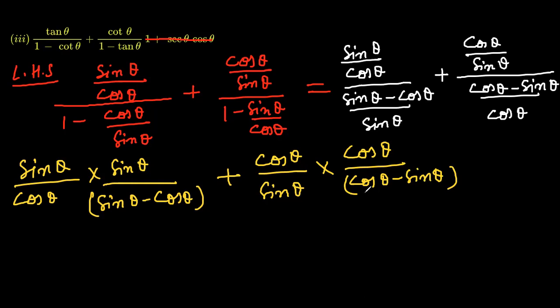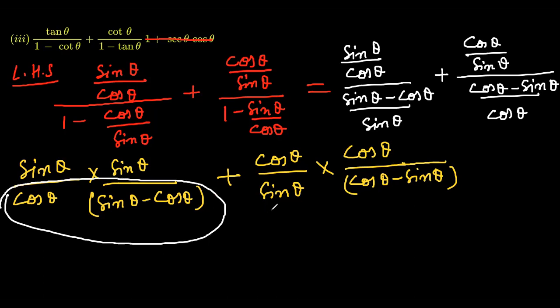The next step is we would like to take LCM of this denominator. Look, sine into sine is sine square theta in the numerator, and in denominator we have this expression, and here in the denominator we have this expression. So we would like to find LCM of these two terms.